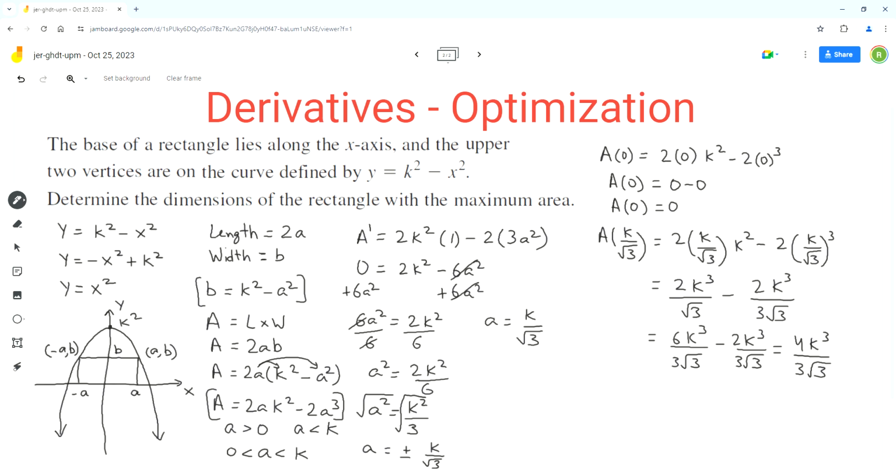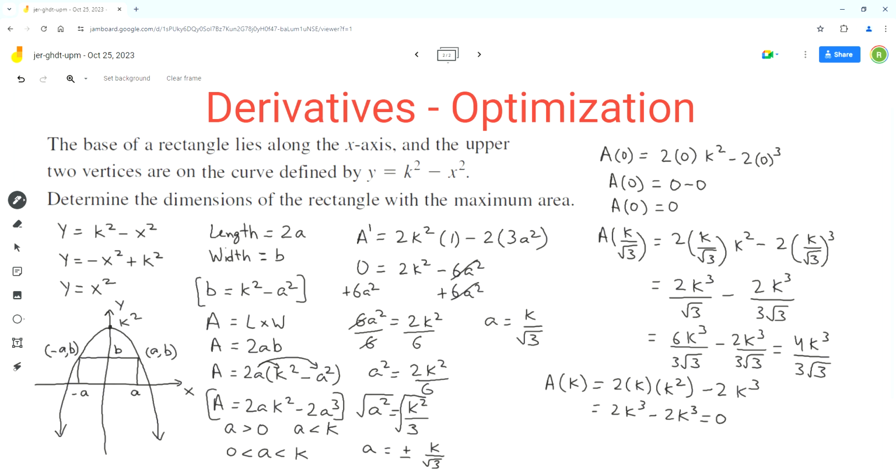So this is the area we get for the a value k over square root 3. Now we can calculate the area value for a equals k, at the upper limit of the domain. So I get 0.